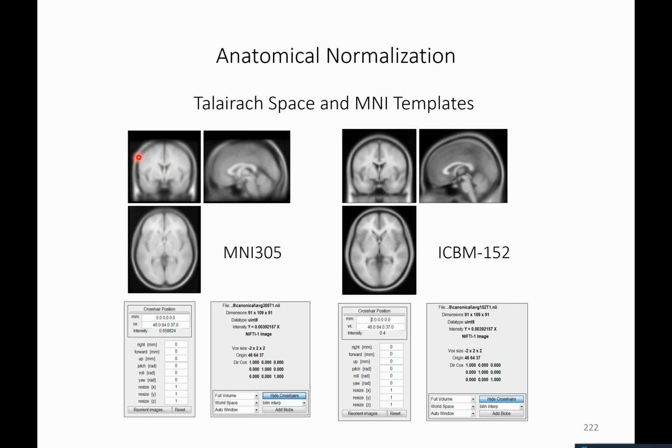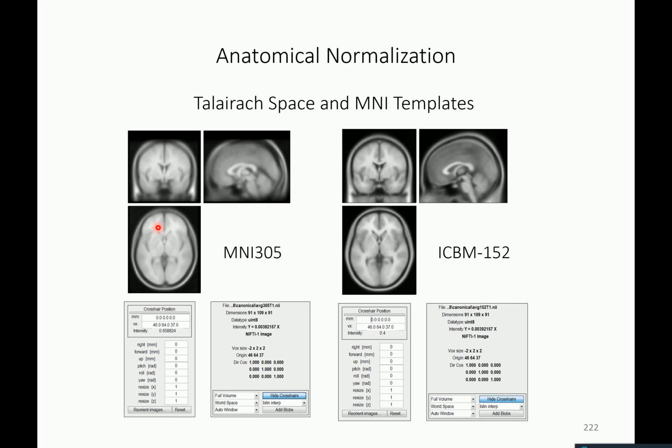So this is the MNI 305 image that was created by these people, and now what we can do is we have our own T1 image from our participants, and we can use an algorithm to estimate the parameters to align our participant with this image, and then apply these parameters to the data and hence resample it in such a way that it looks like that.